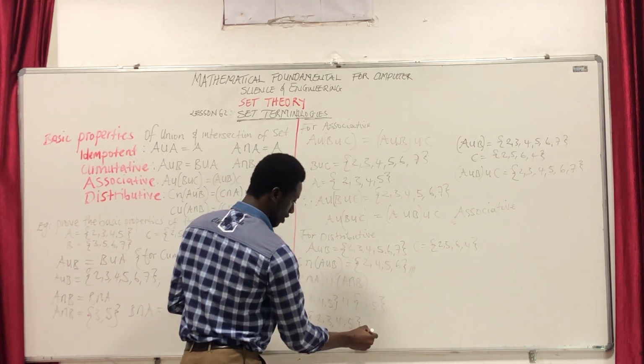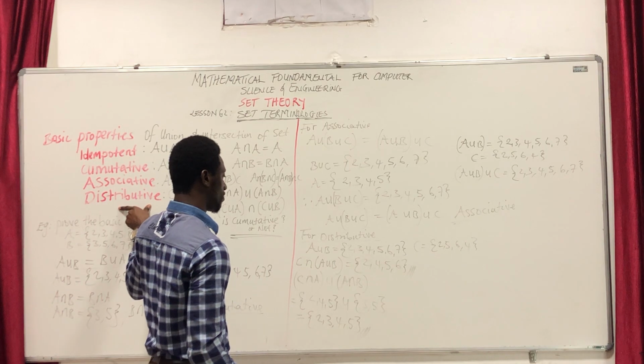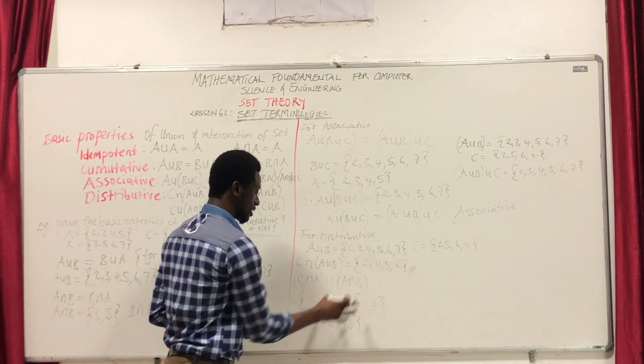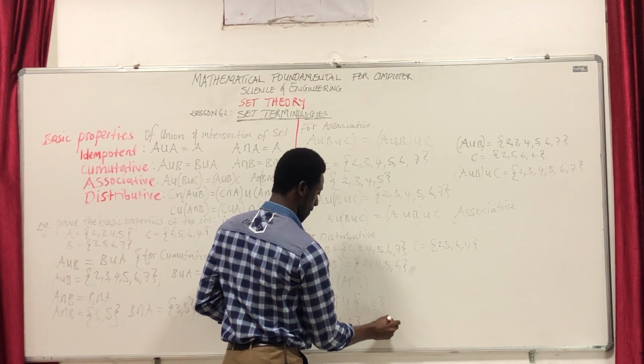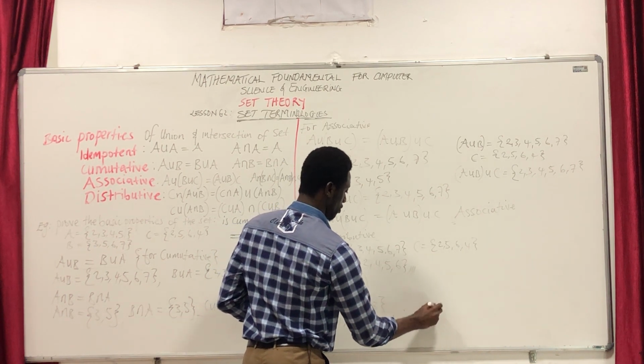If this answer is equal to this, then it means this is distributive. Since, as you can see here on the board, these two answers are different, this is not distributive.